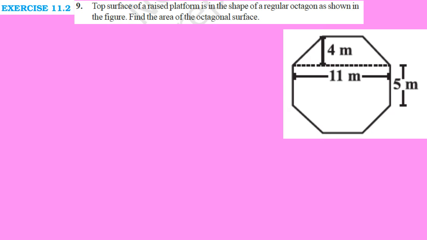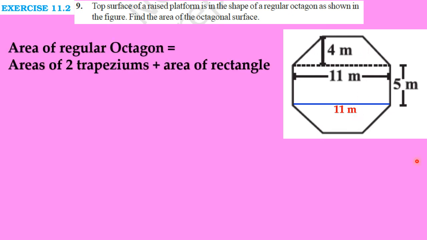That is the method. Since it is a regular octagon, you can see two trapeziums, on the top and the bottom. Both are symmetric, both are congruent. And in the middle, you can see one rectangle. So the area will be the area of these two trapeziums plus the area of the rectangle.